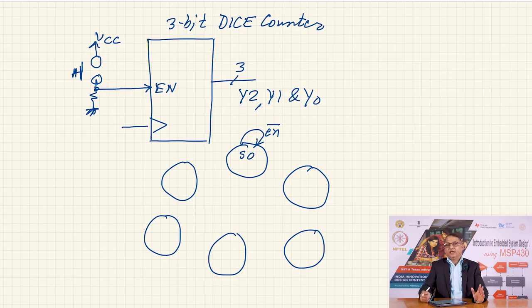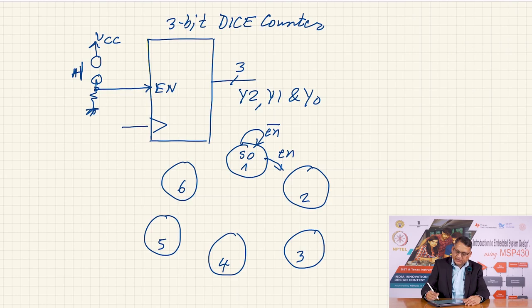Now, I can choose whatever outputs I want in those states, and because the dice will give you random numbers between 1 and 6, I want the states to give me 1, 2, 3, 4, 5 and 6, and if the enable signal is 1, it goes to the next.